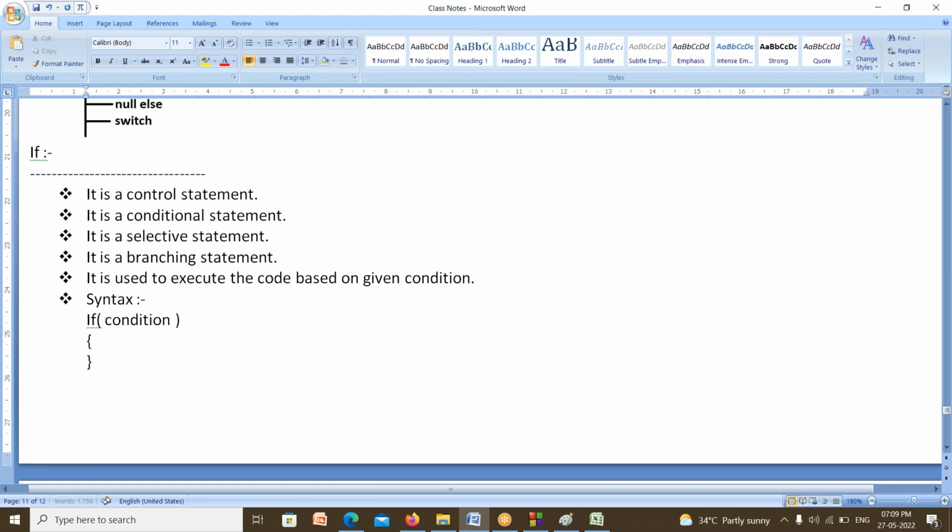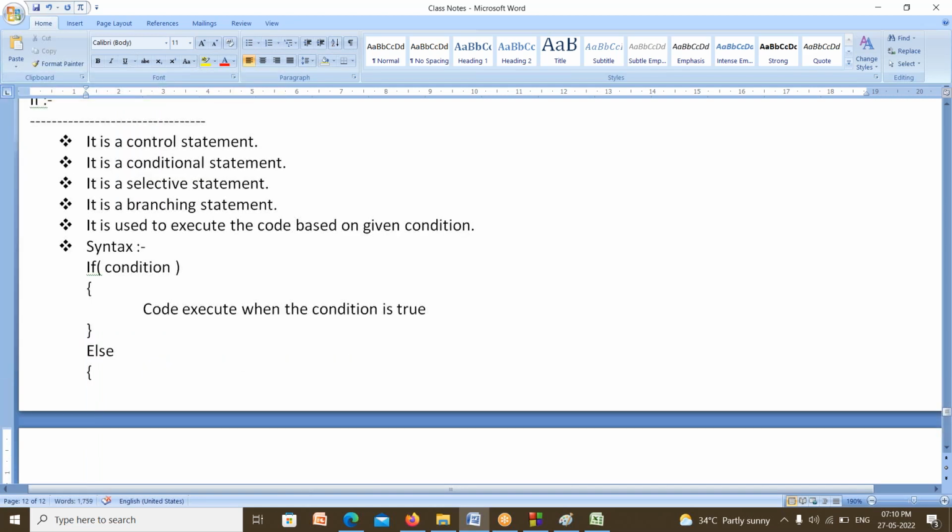If it is true, you have to write the code followed by if here. This code will be executed when the condition is true. If the condition is false, that means else. Else means if the condition is false, then the code right here will be executed.